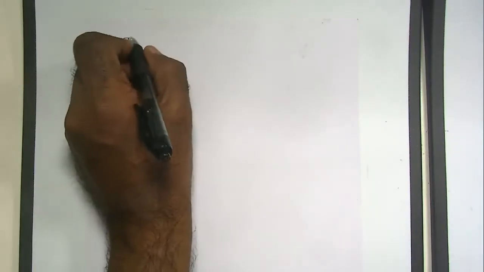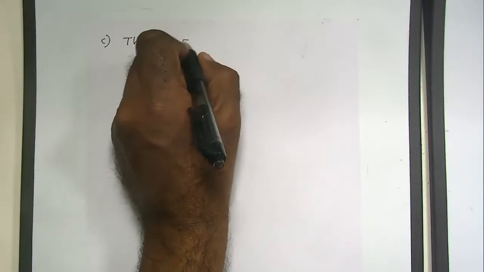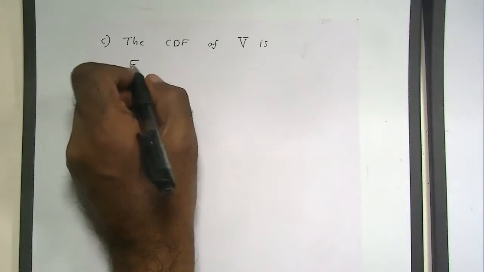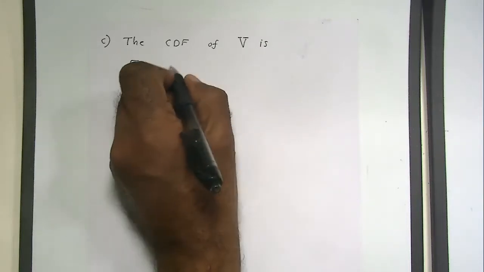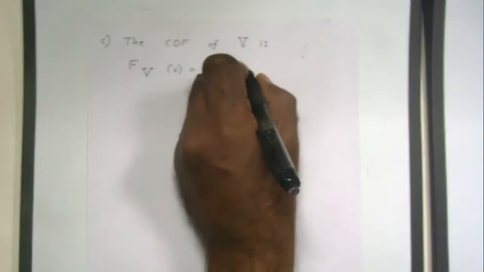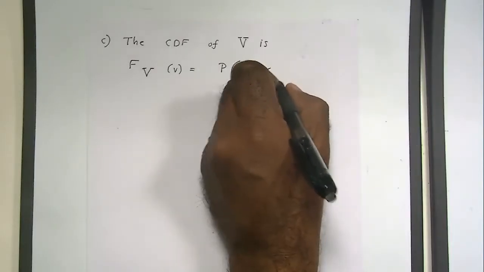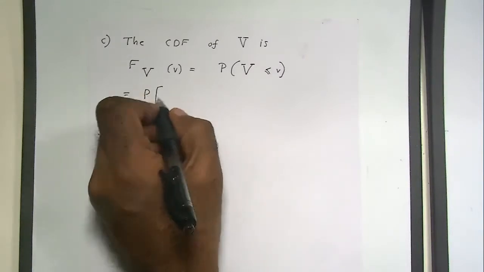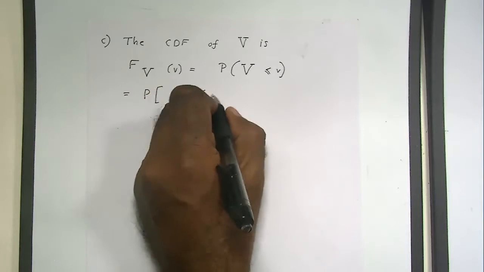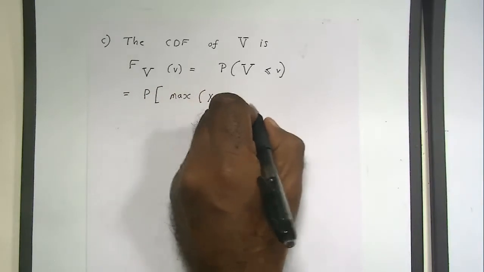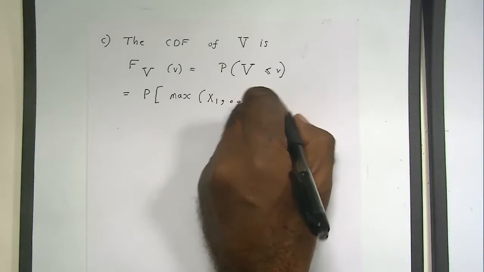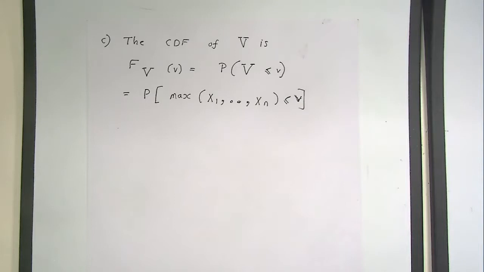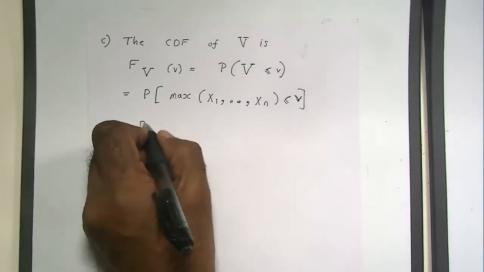So the CDF of V is the probability that the max of x1 to xn is less than or equal to V. So if the max is less, then each has to be less.